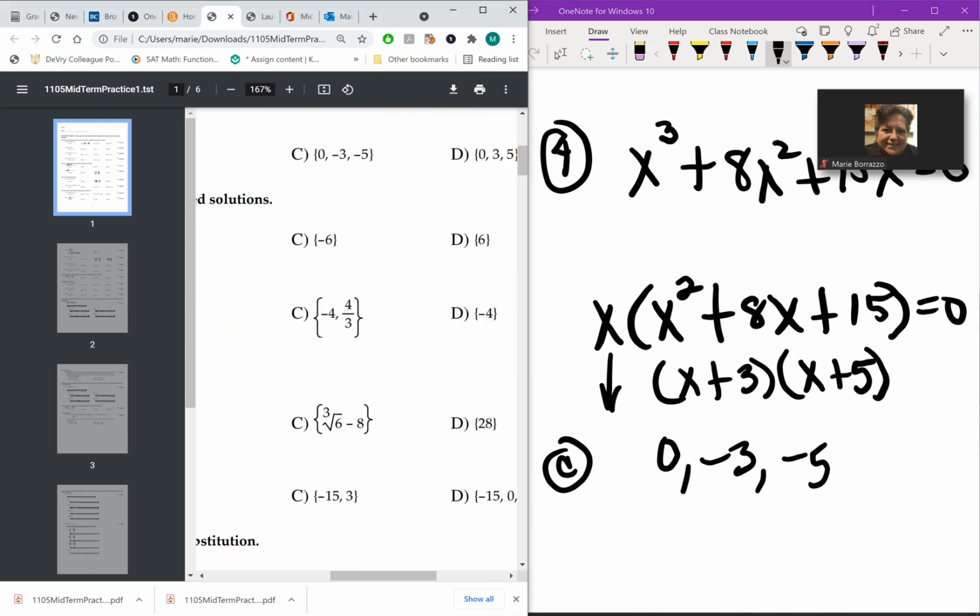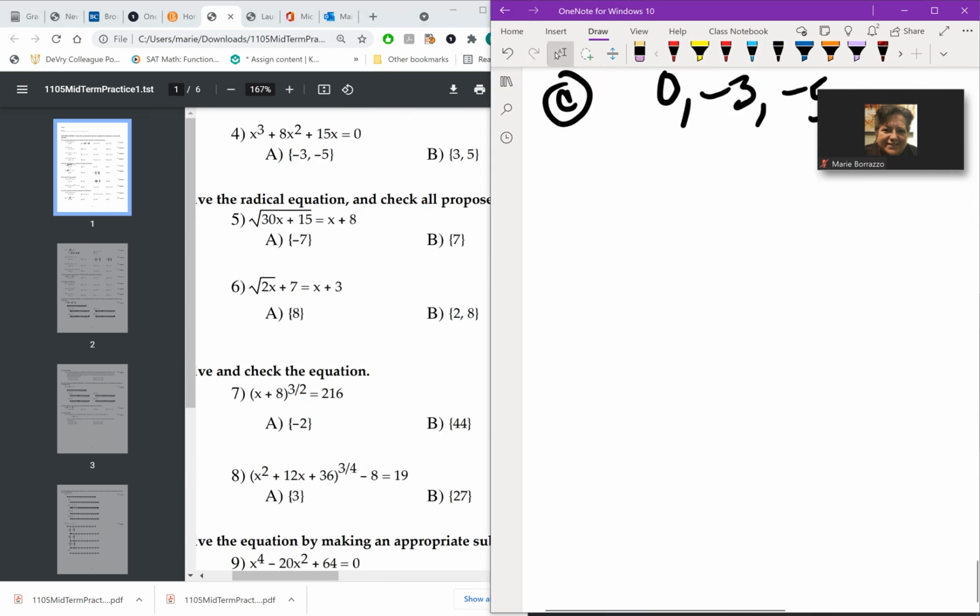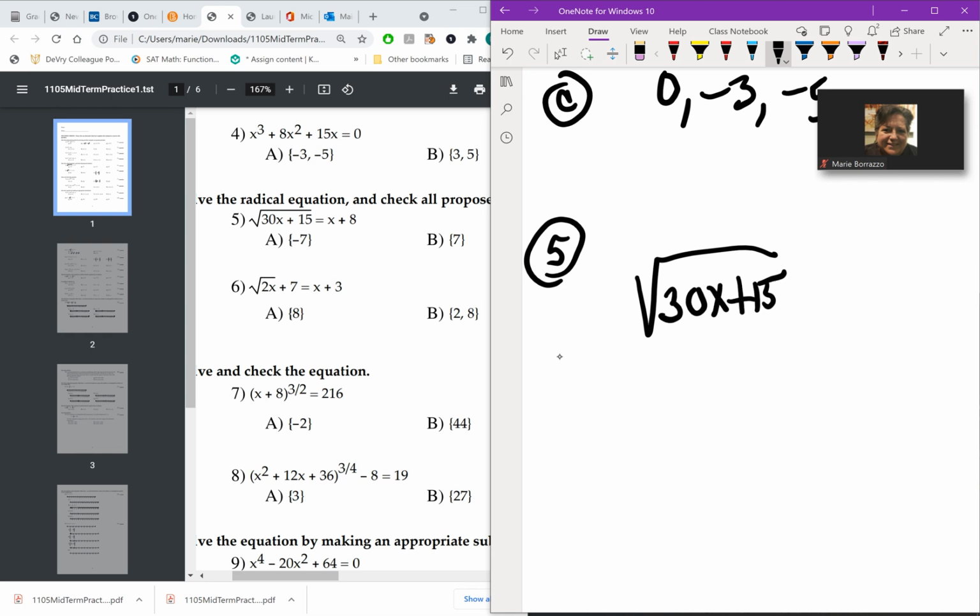Okay, let's look at question 5. In question 5, we're solving for the radical. We have the square root of 30x plus 15, and this is equal to x plus 8.